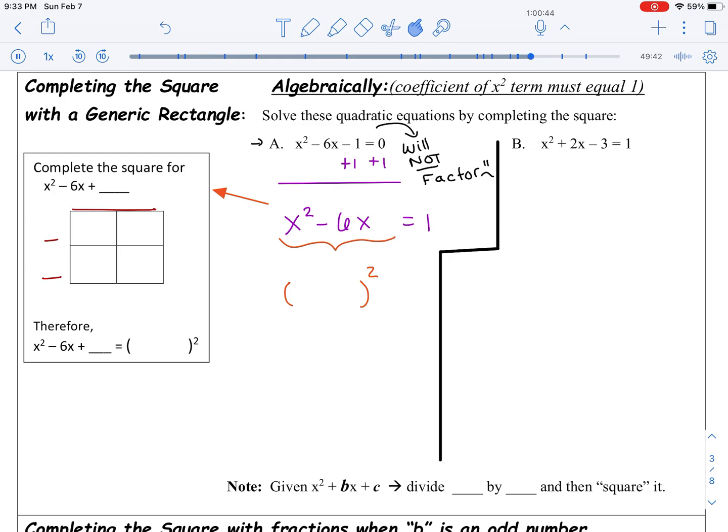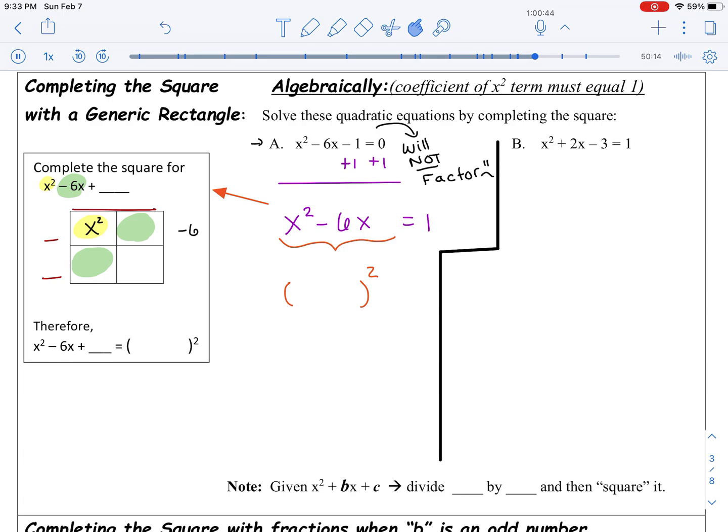I'm going to start similar to a factoring problem, in that my x squared term goes into the top left. Now my negative 6x needs to be split between the two diagonal boxes on the bottom left and the top right, but since it's a square, I need that negative 6x split evenly.